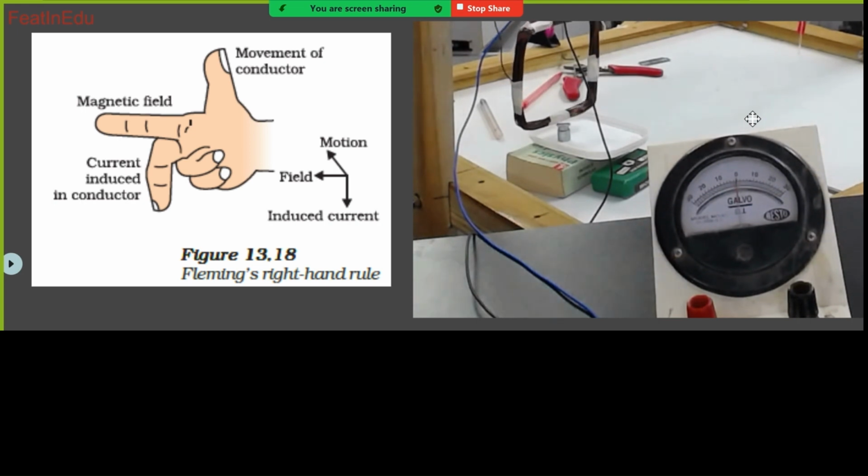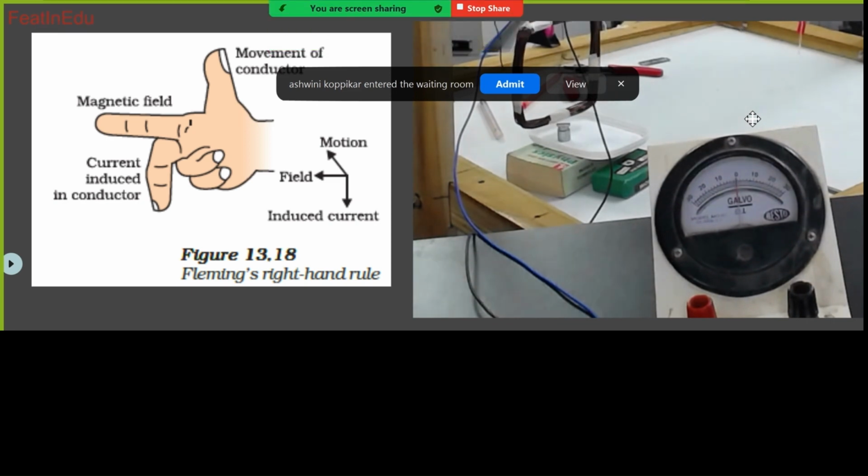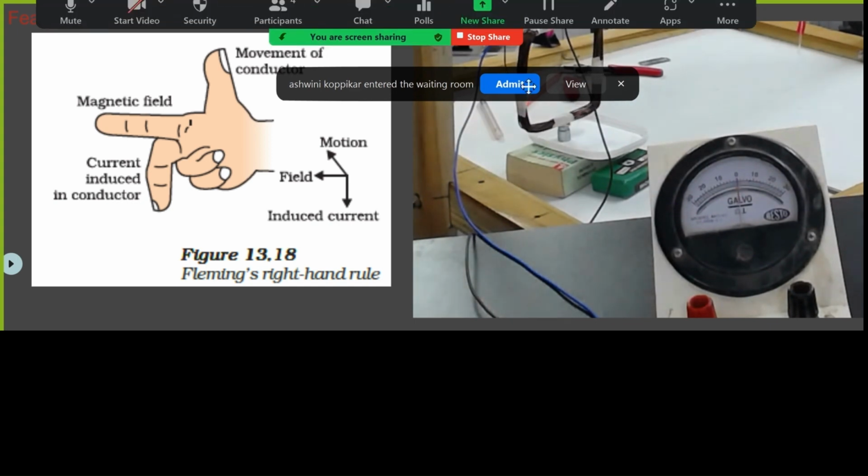Now what you have to observe is the coil moving from one point towards the magnet, and another motion from the magnet away.